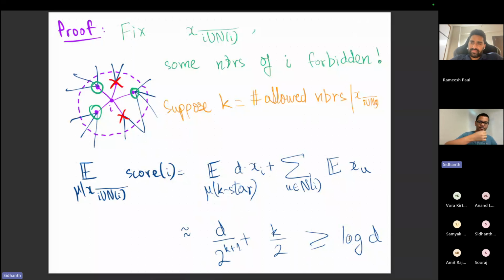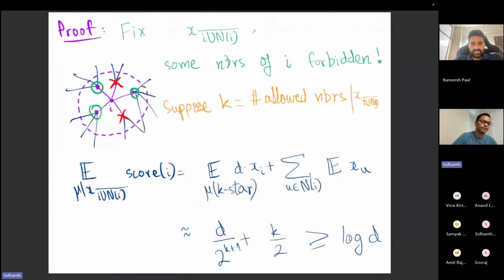I was being loose with the constants here. I think I may have said a mouthful, so I will once again pause and see if there are questions about this part. Okay, I'll keep going then.